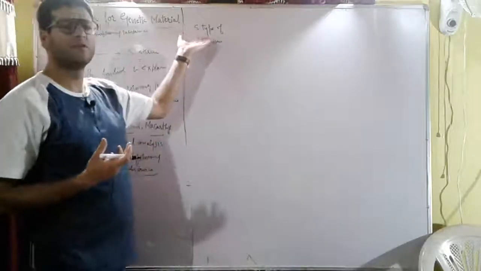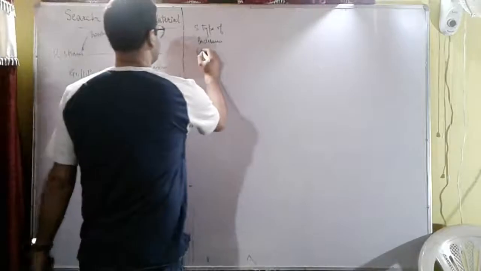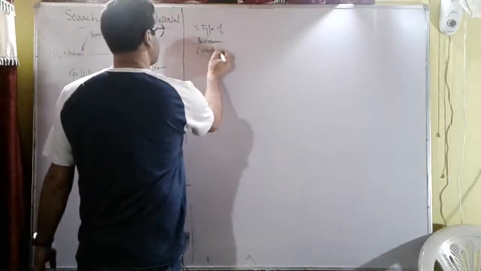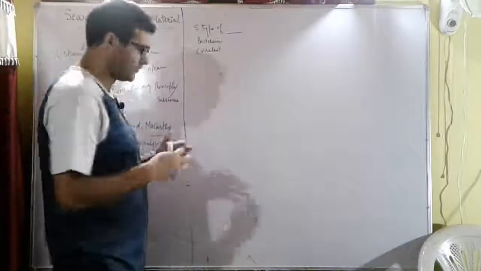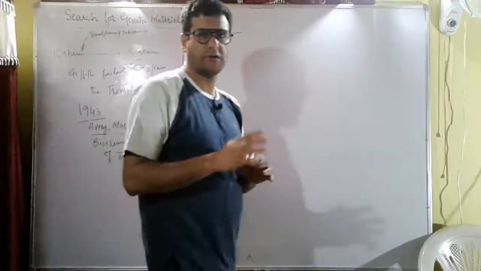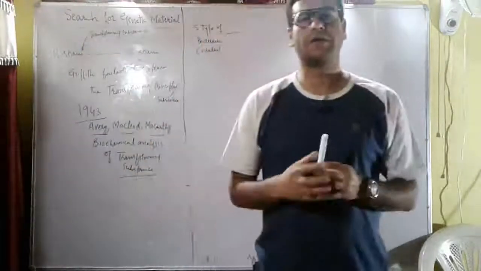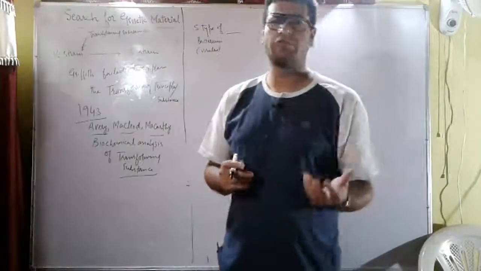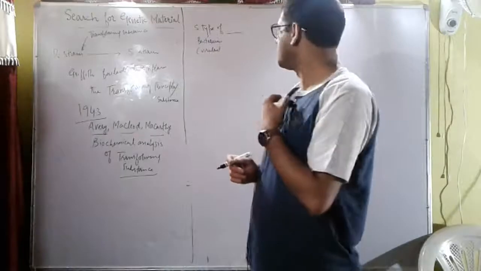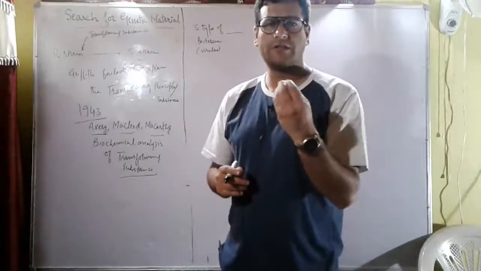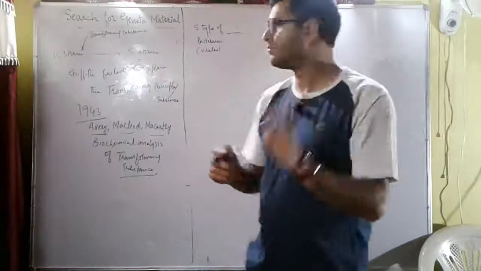S means smooth, it is a virulent strain. And they fractionated this S type of bacterium into components in order to study the biochemical nature of this transforming substance, transforming principle.